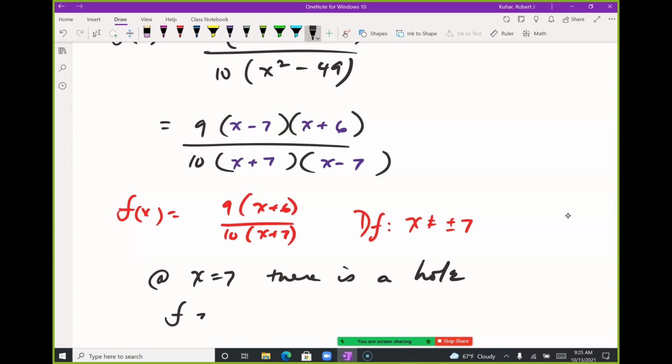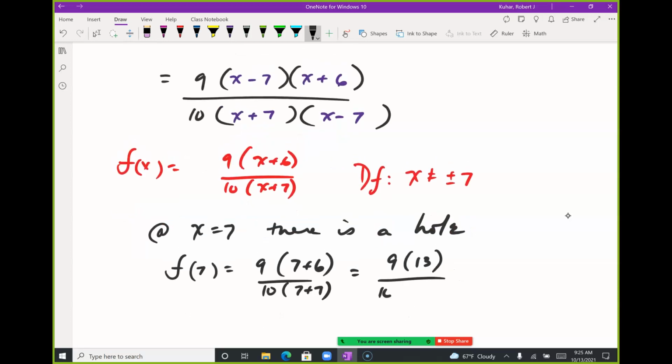And it's f of 7 using my reduced version. So 9 times 13 over 10 times 14. That doesn't reduce anymore, does it?